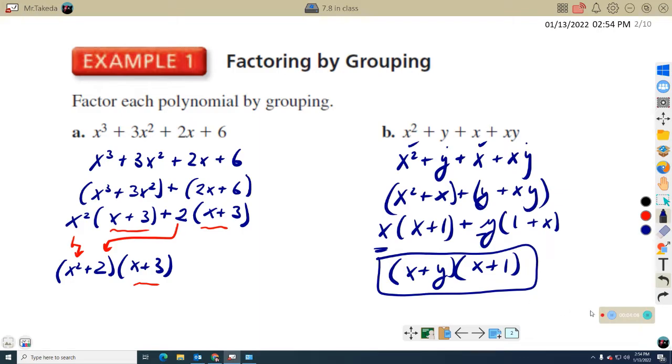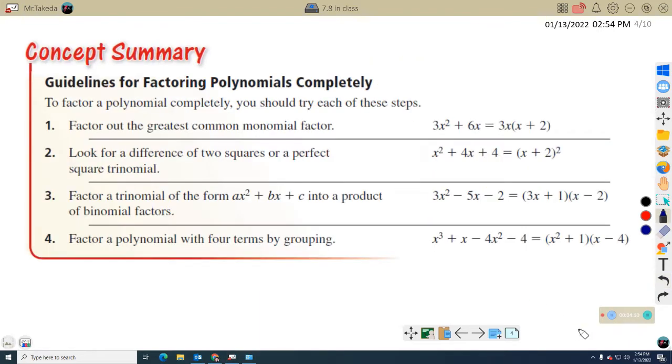That's factoring by grouping. Here's a little summary of what we're going to do when we talk about factoring completely. First, factor out the greatest common factor. For 3x squared plus 6x, that's 3x times x plus 2. Then look for your perfect squares. Look for your difference of squares or perfect square trinomial.